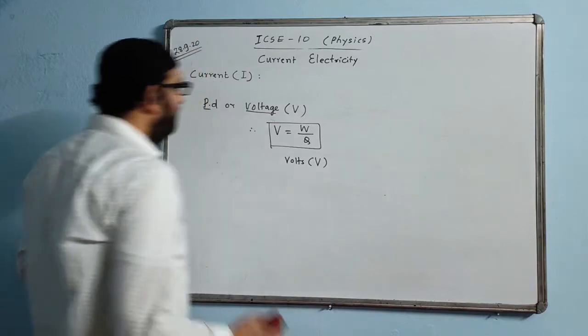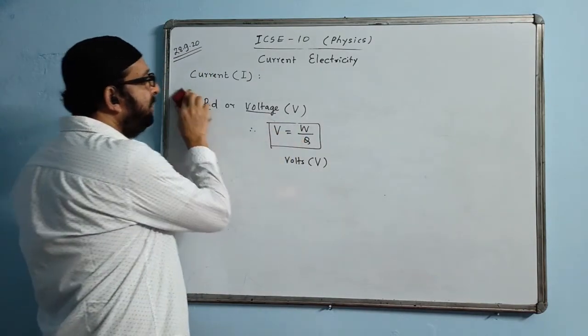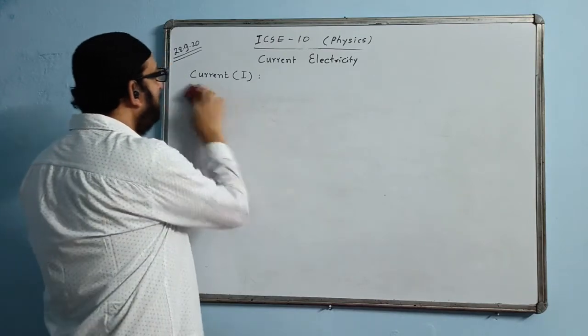Okay. So what is potential difference? It is a kind of work done to move a charge between the 2 points in an electric circuit.